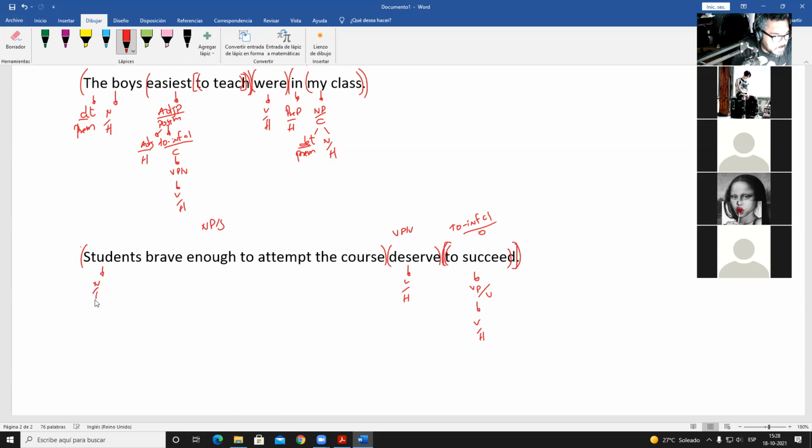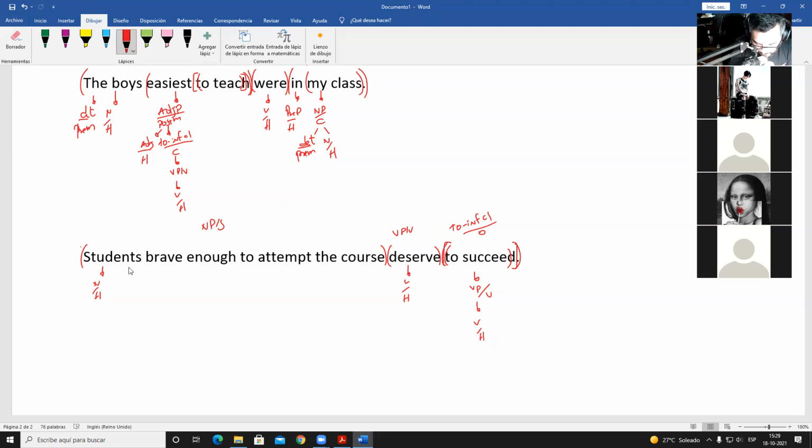And then we have this huge stuff. Students, this is my noun head, right? Brave enough to attempt the course. Here, all over again, what we have is a post-positive adjective, brave, right? That's the adjective. And then we have something even weirder. Please write this down. The adverb enough is usually used post-positively. That is to say, we're going to put the adverb enough right after the adjective head.